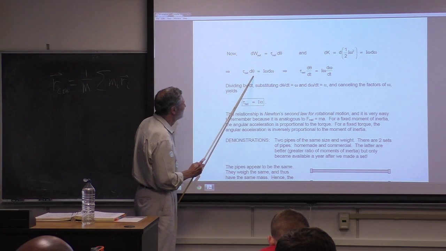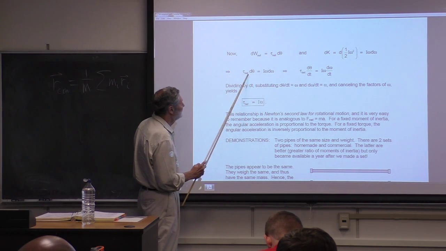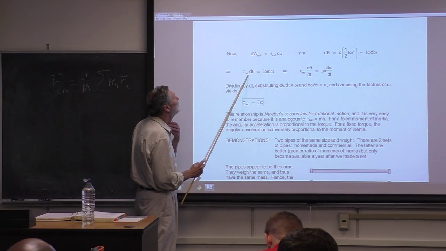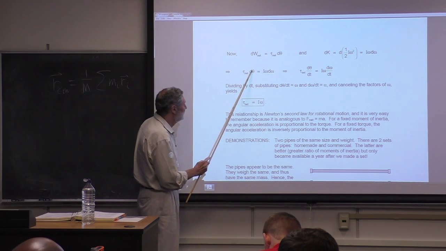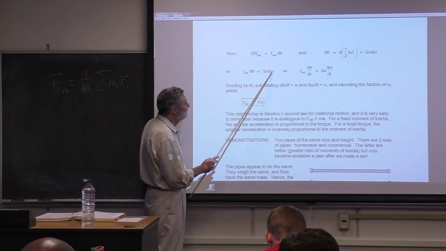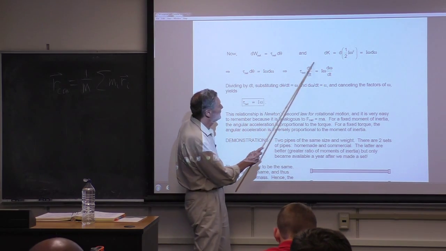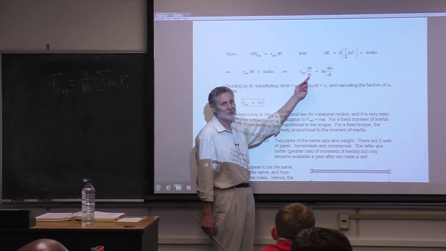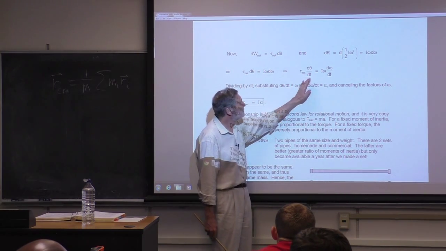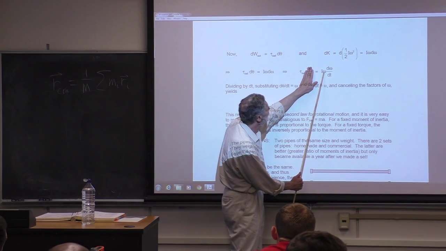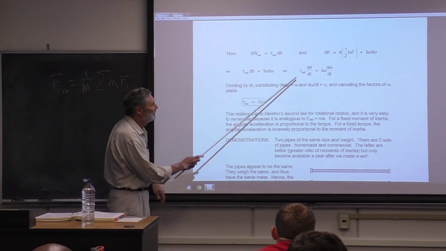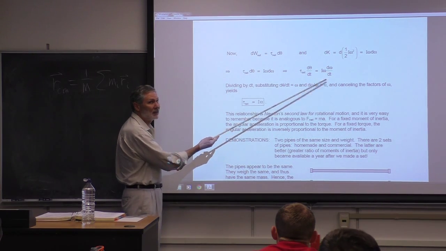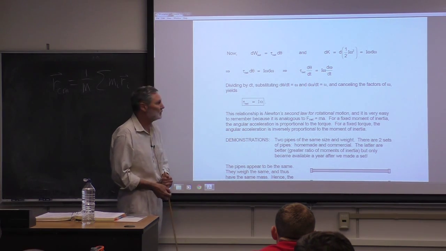And now we divide by dt. I get d theta dt on one side and d omega dt on the other, but d theta dt is by definition omega. So I can cancel these omegas, and I end up with the net torque is the moment of inertia times d omega dt, and that we call alpha, the angular acceleration.